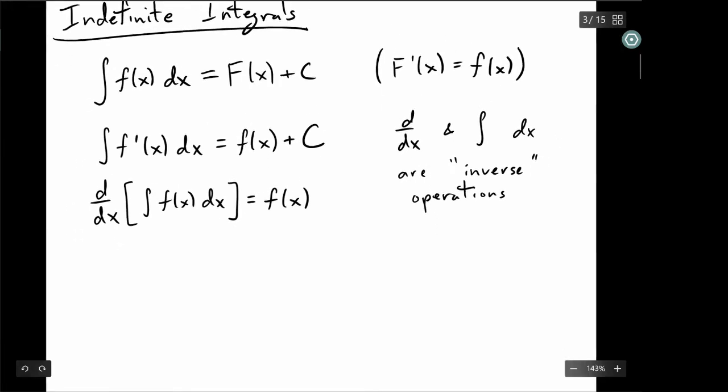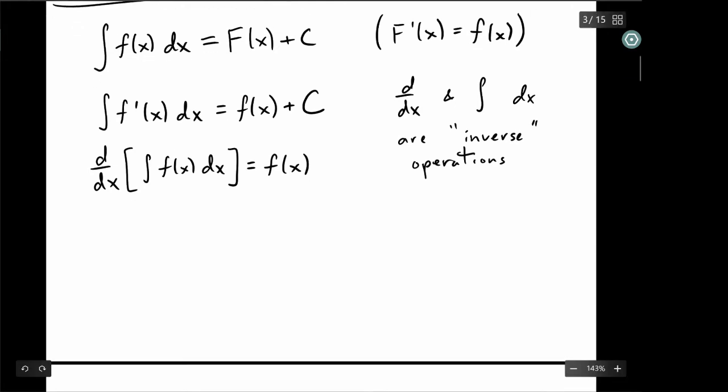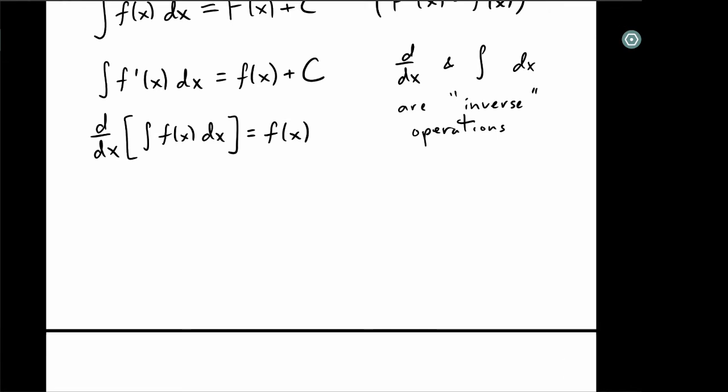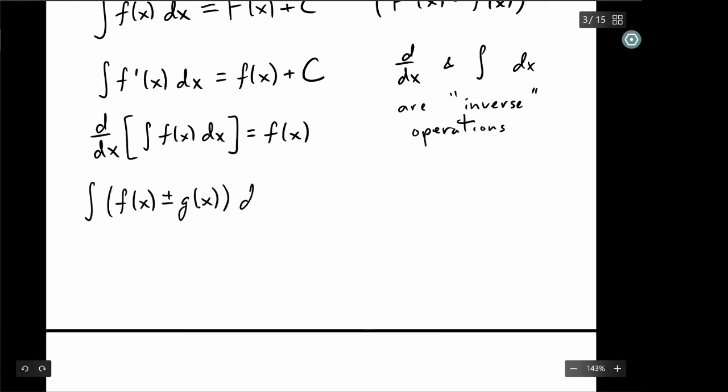Okay. So what are some other properties then that should make sense to be true? Well, if we think about derivatives, right, I know that if I take two functions and I add or subtract them, when I take the derivative, I can just add or subtract the derivatives.